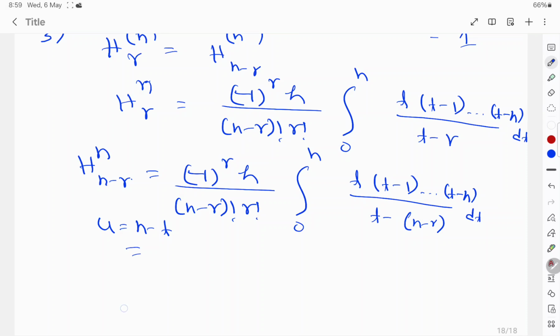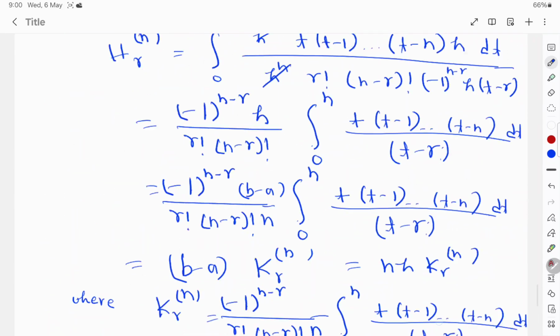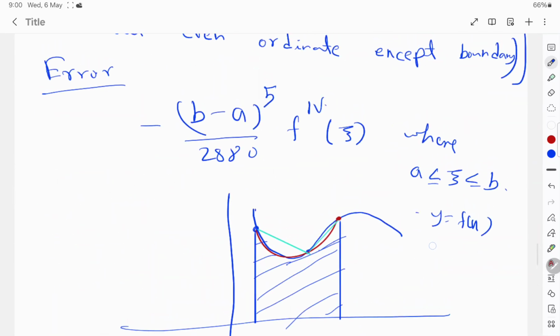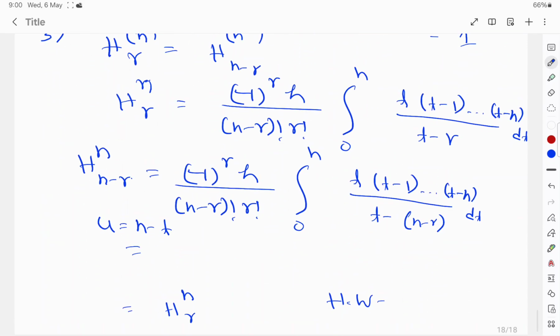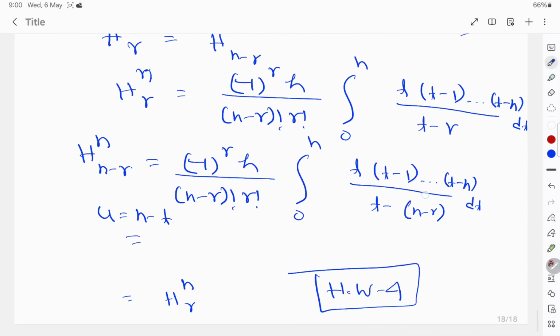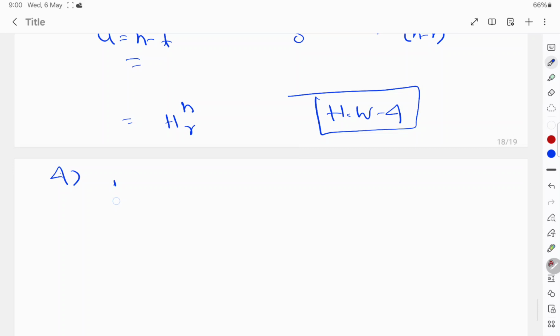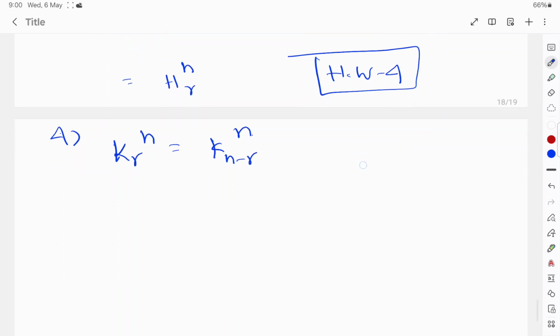Then you will see after some lines that this will be your H_(n-r)^n. So this is your homework, maybe 4. Similarly you will get K_r^n will be K_(n-r)^n, because you know that they are related with just b minus a, right? That's it. So this is done.